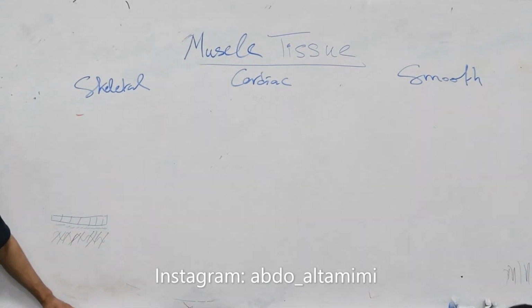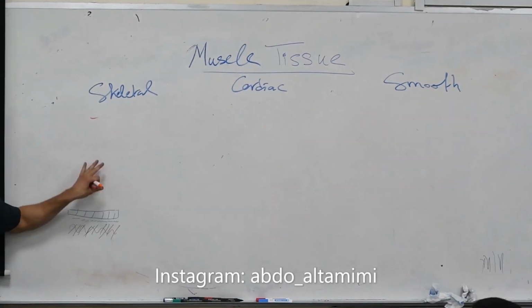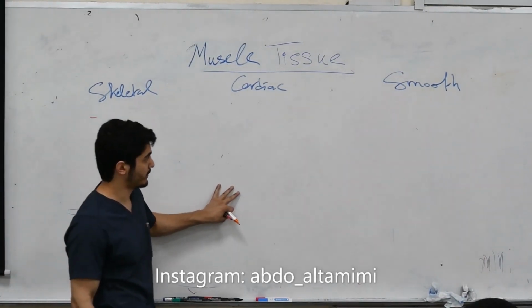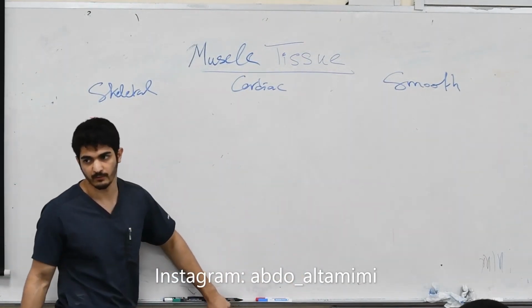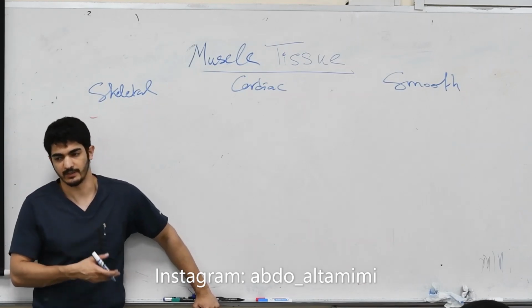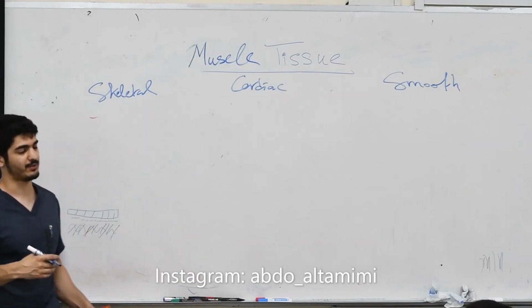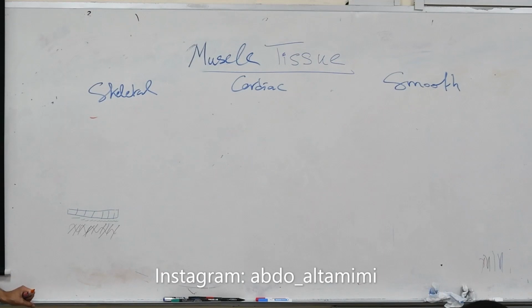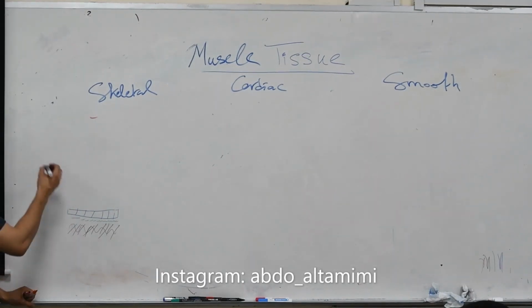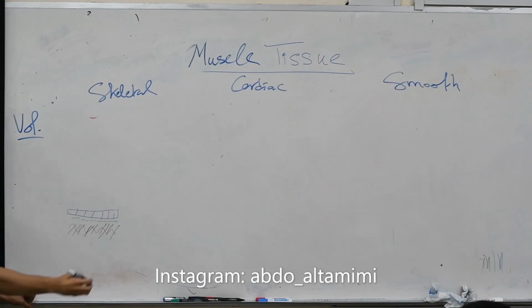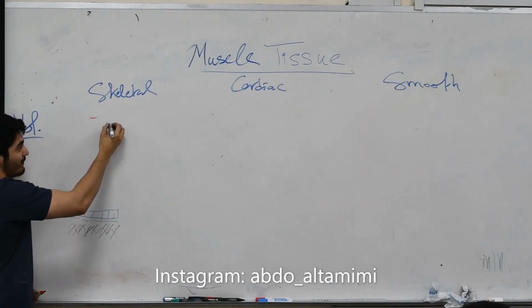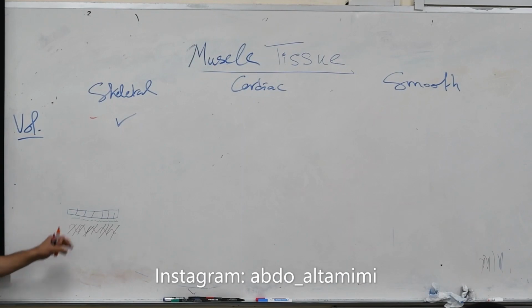Okay. In muscle tissue we have three types: skeletal, cardiac, smooth. You will take the muscle chapter later this semester in more detail. But now I'm giving you tricks so you can answer the questions at work. Which one is voluntary? Skeletal, is it voluntary? Yes. Voluntary means something you can control. Skeletal muscle like the biceps, muscles that are attached to bones.